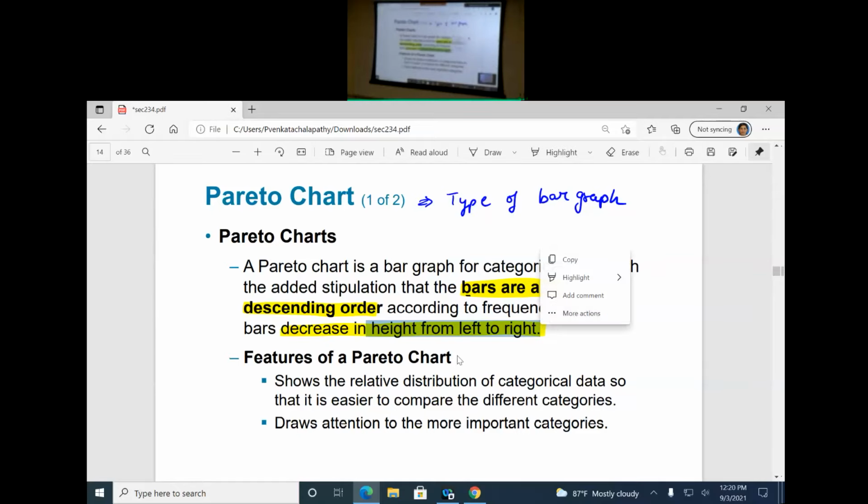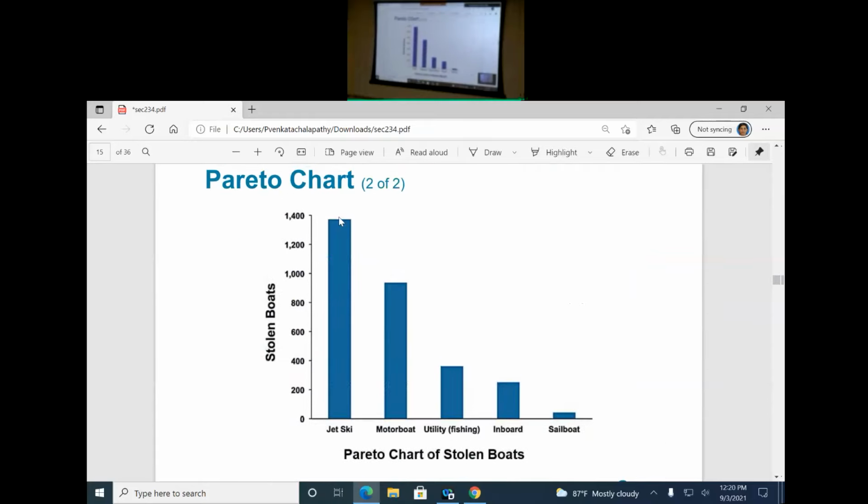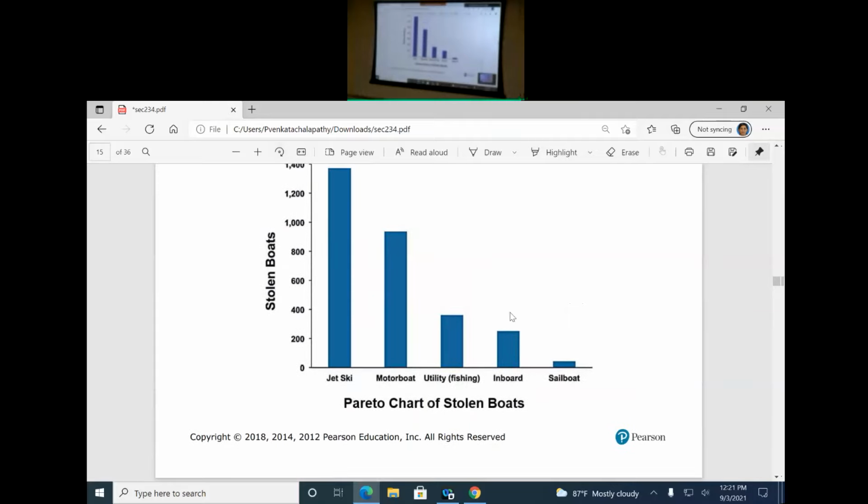So this is how it looks like. So if you have a bar graph and it is decreasing in this way, then that is called as Pareto chart. So advantages, disadvantages, uses will be same as the bar graph. Only difference is in the decreasing pattern.